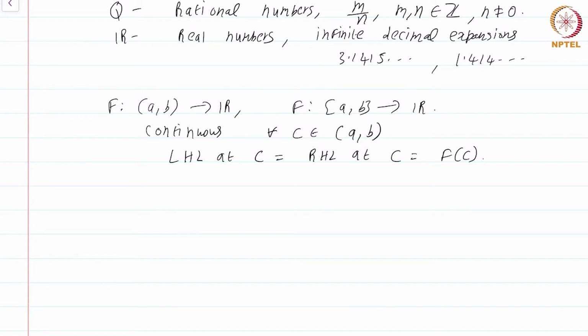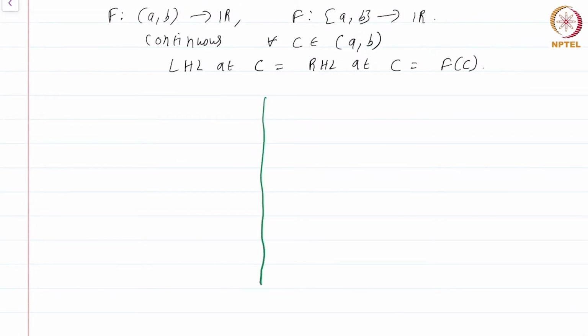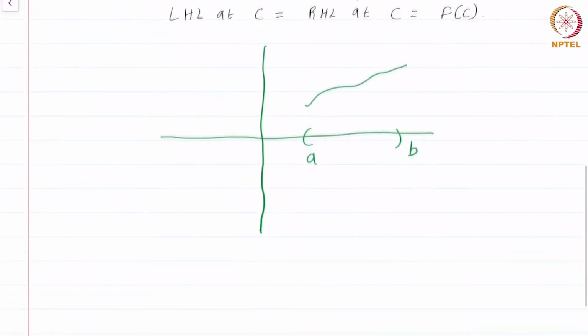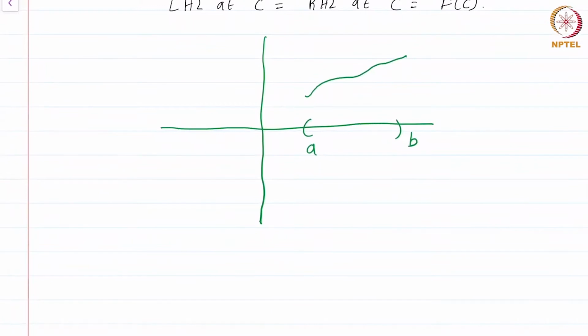Let's draw a picture. Here we have the xy plane. We have the points a and b. Now, the graph of the function will look something like this. There are no jumps because I am graphing a continuous function. What the intermediate value theorem says is the following.